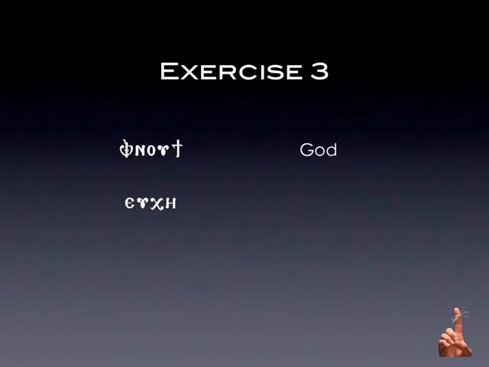Try this one. So here we have the A followed by the epsilon, so that's going to give us the ev sound. In this case, this is a word that's borrowed from Greek, and so the K is going to have a K sound, and then the eta after that. So this is evki.